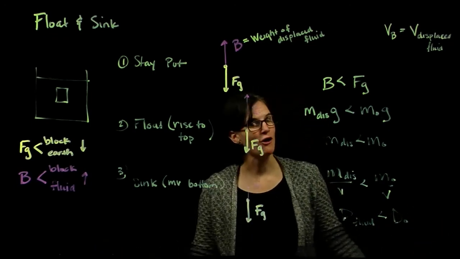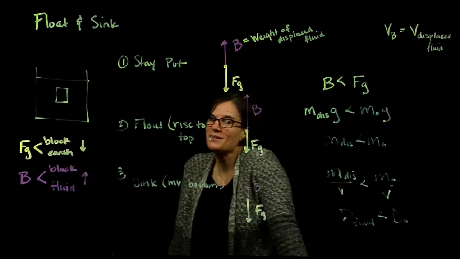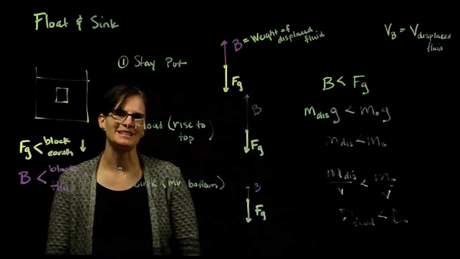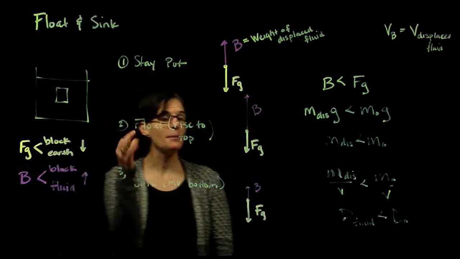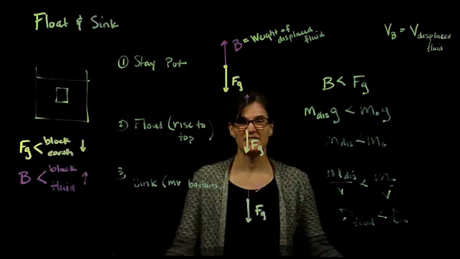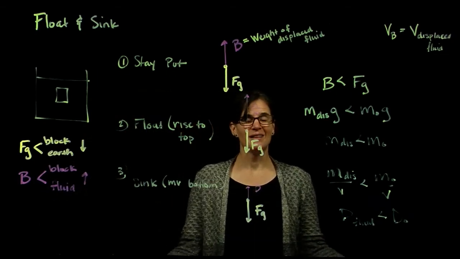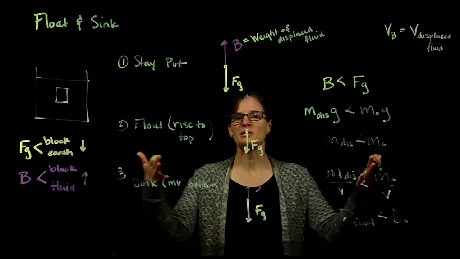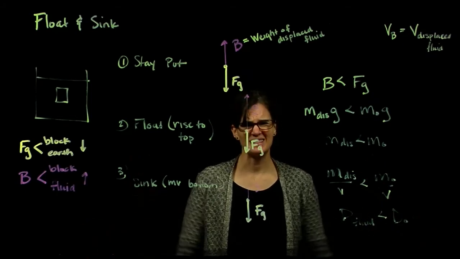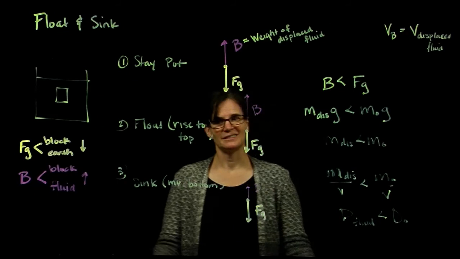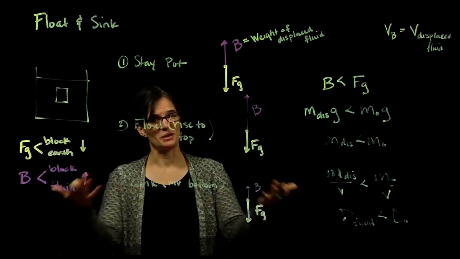And we know that if the density of the object is more dense than the fluid, it's going to sink. Now, what happens if I let go and it sinks? Does it ever stop? Well, a fully submerged object doesn't change its buoyant force, so the buoyant force is never going to change. And if the object doesn't change its mass, the force of gravity is never going to change.